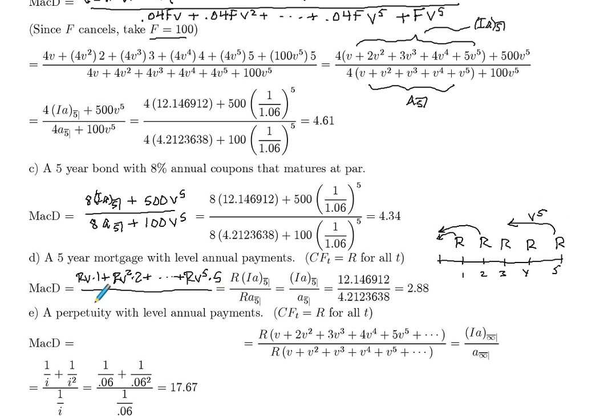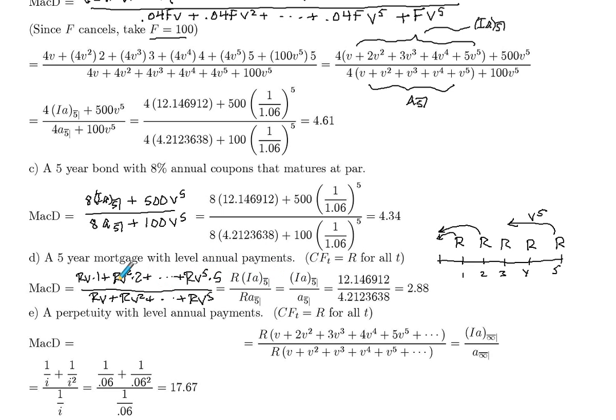And then in the denominator, we're just doing the sum of the present values of the cash flows. So this is going to be Rv plus Rv squared plus up to Rv to the 5th. Now notice that R is a common factor across the top and across the bottom. If we factor it out, on the top we have v plus 2v squared plus 3v cubed all the way up to 5v to the 5th, which is just (Ia) angle 5.